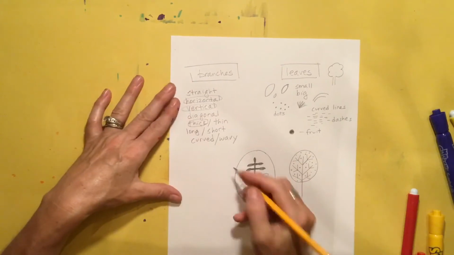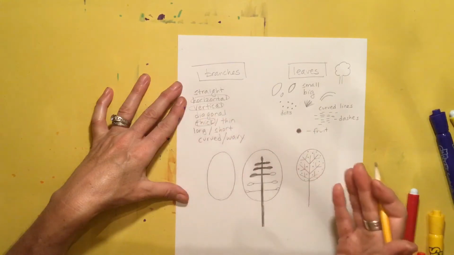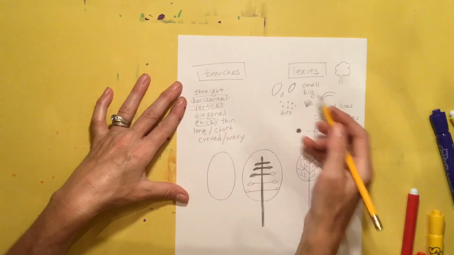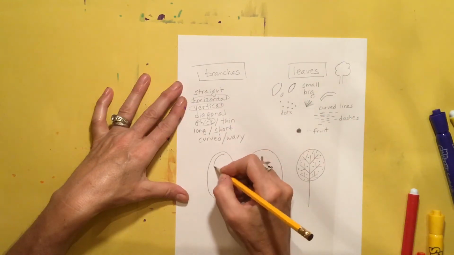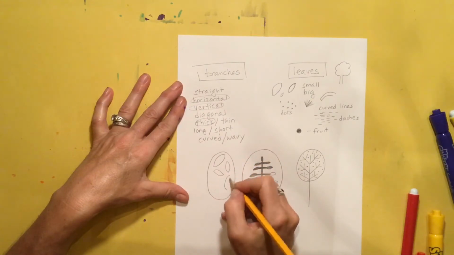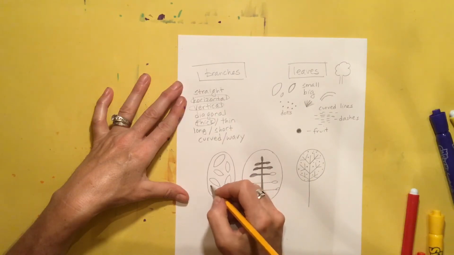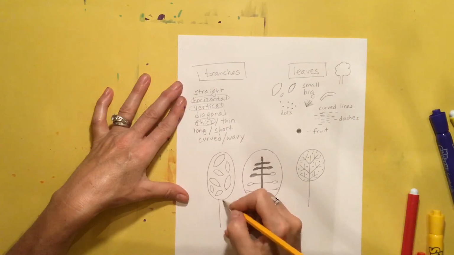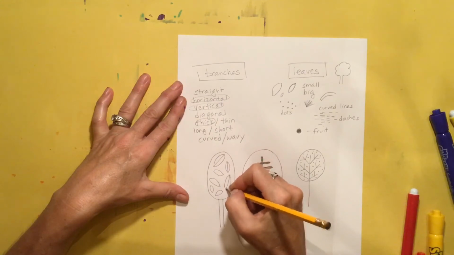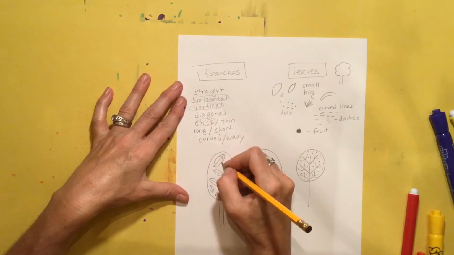I'll show you one quick more. Sometimes you might say, well, you can either have branches with no leaves, or you could have all leaves and no branches. So for example, let's say I just wanted to draw leaves inside my shape here, and then I can add the trunk, and then I can decide, do I want to put veins on the leaves?